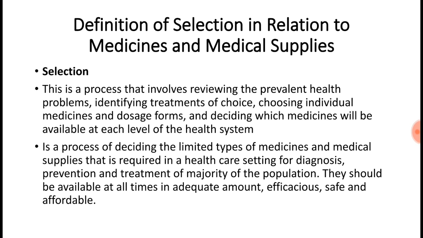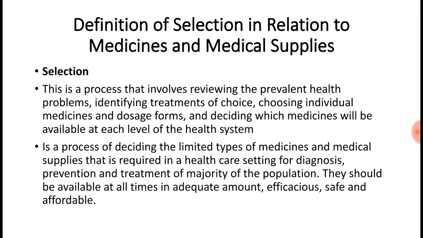So we can also define selection as a process of deciding the limited types of medicines and medical supplies. So we decide the limited types of medicines and medical supplies that is required in healthcare setting for either diagnosis, prevention and treatment of majority of population. So tunaamua kwa sababu kwenye soko tuna dawa nyingi, tuna medical supplies nyingi hata for the common kind of disease or health problem.